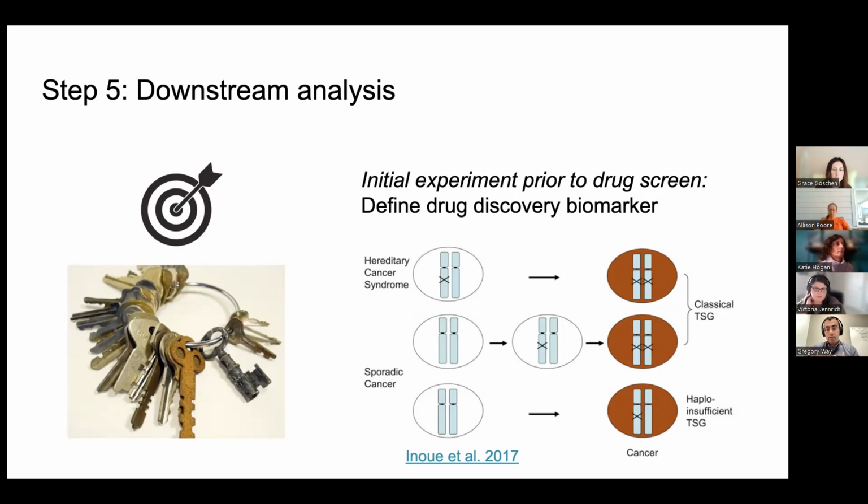In NF1, if you don't have anything, if you're a developing embryo, it's a lethal phenotype. But if you've inherited a sporadic or a germline mutation in NF1 from mom or dad, you're not producing enough neurofibromin to have normal neurofibromin function. And this is the category of disease called haploinsufficiency.